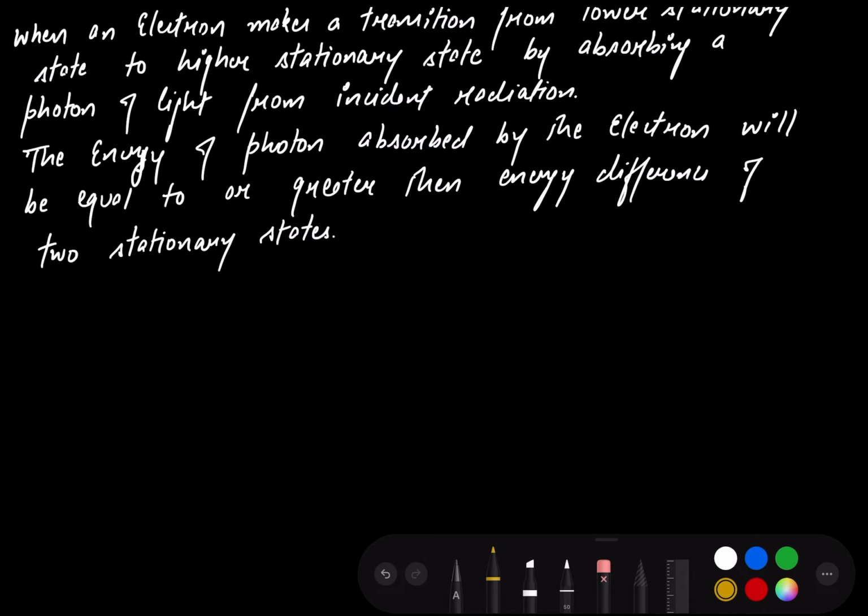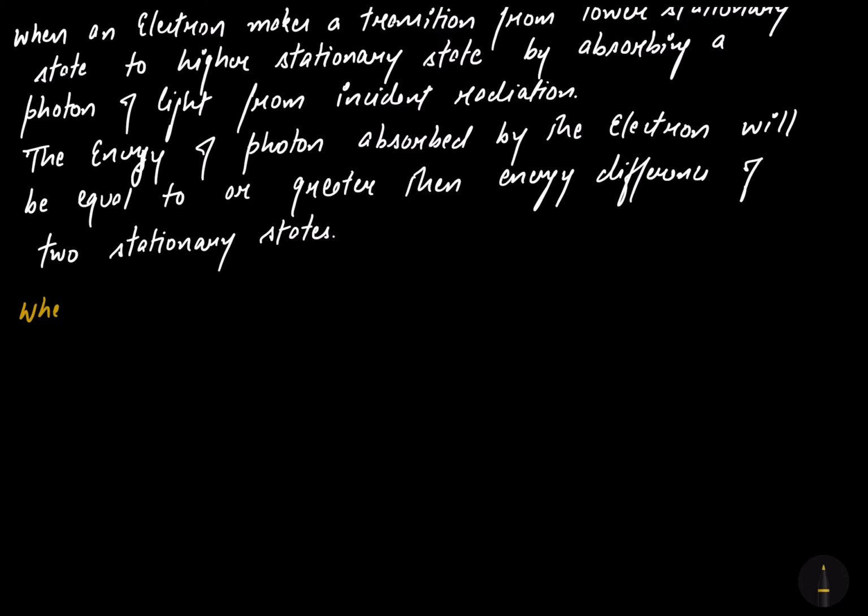So how will you get the absorption spectra then? When a white light having all the wavelengths is passed through the electron in lower stationary state or orbit, the electron will absorb a photon of certain wavelength and transmit the rest photons.